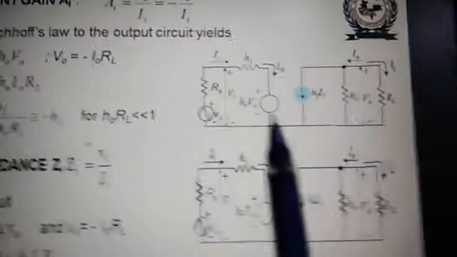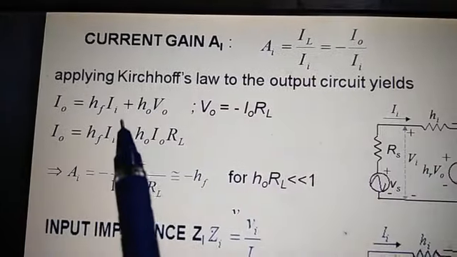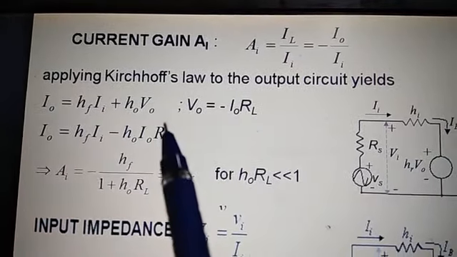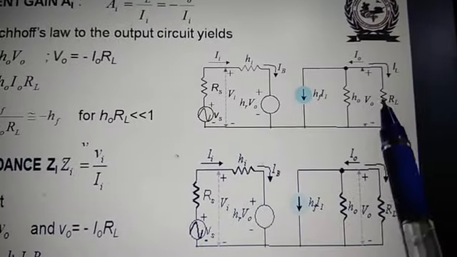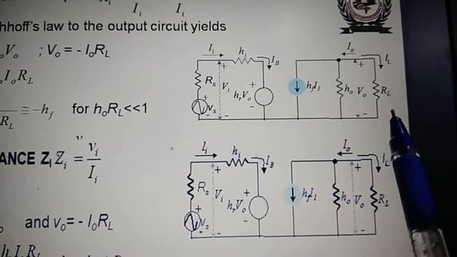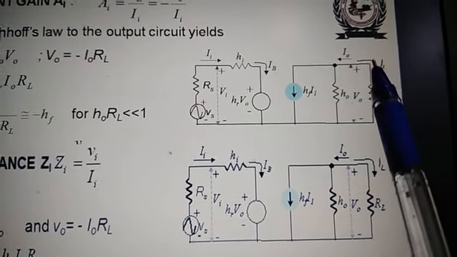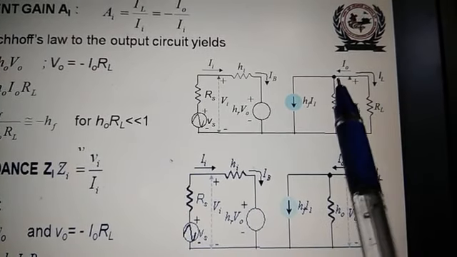HO is the conductance. So you can write this equation: Io is equal to HF into I1 plus HO into Vo. Now Vo is equal to, again you can write here, Vo is equal to minus Io into RL, because this current is flowing like this. So you can take this IL is equal to minus Io.